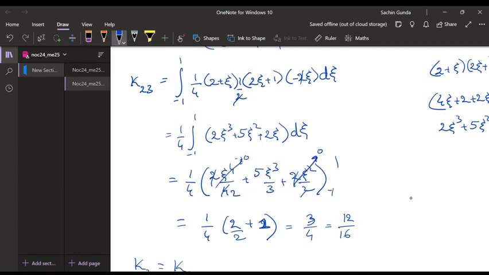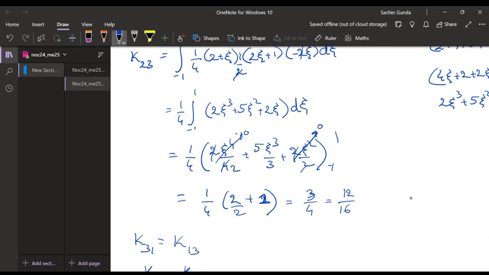Even terms are 0. 5 by 3 times 2. It's 5 by 6.